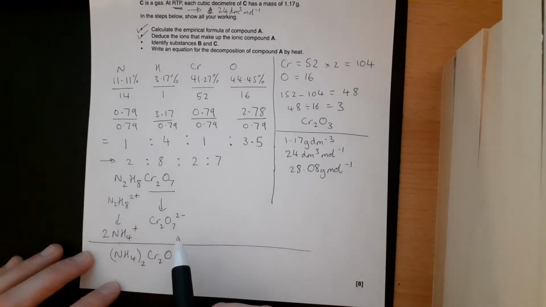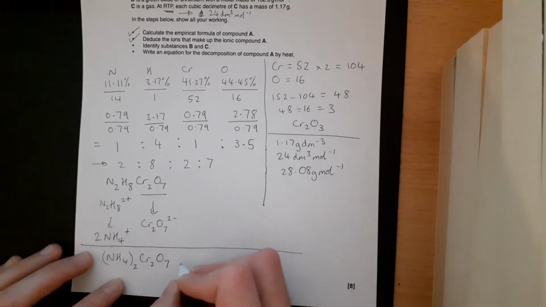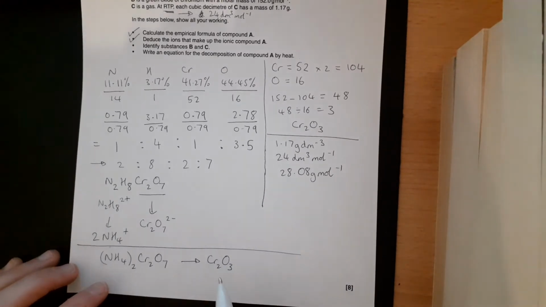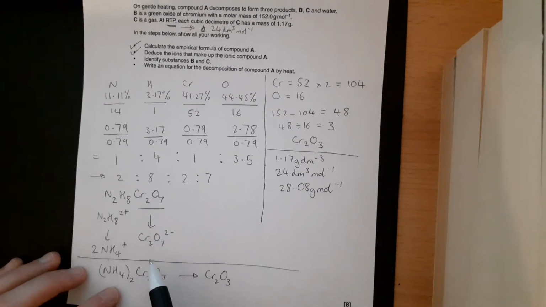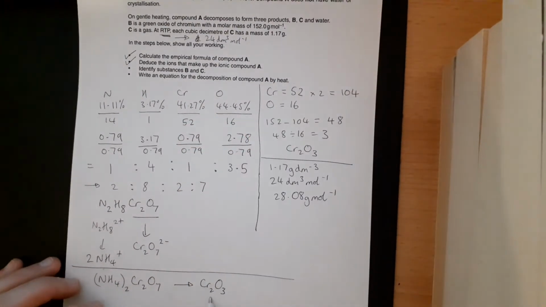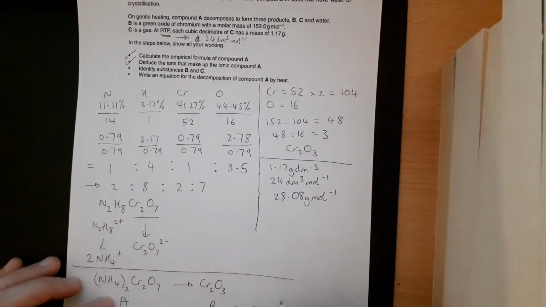It's not breaking down to make anything else. It's not reacting with anything, it's just breaking down. We know it's making Cr2O3. And if we go up here, it's saying the decomposition made 3 products: B, which we know is that, plus C, and water. So we know it's making H2O as well.